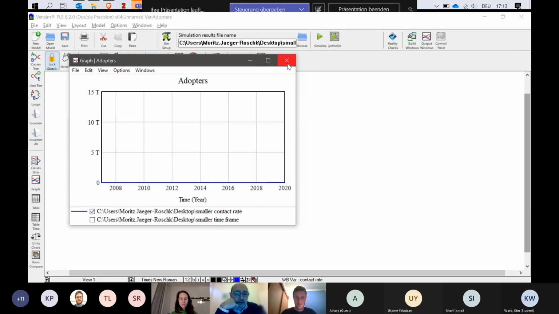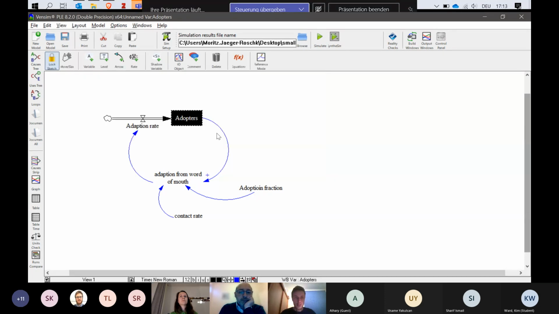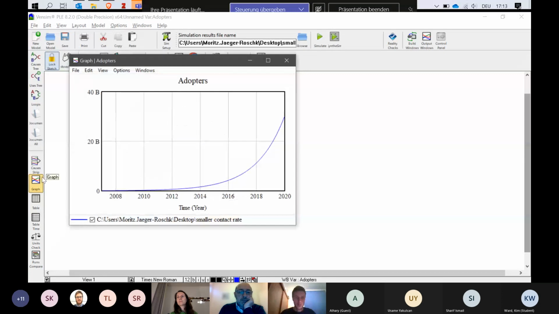So let's go to control panel and remove it, a smaller time frame. Now we can see. Okay, we are better, but still quite bad.